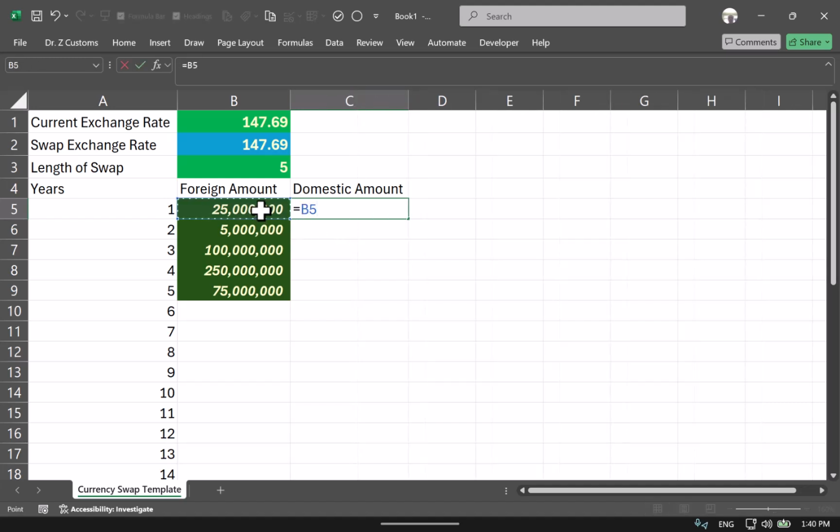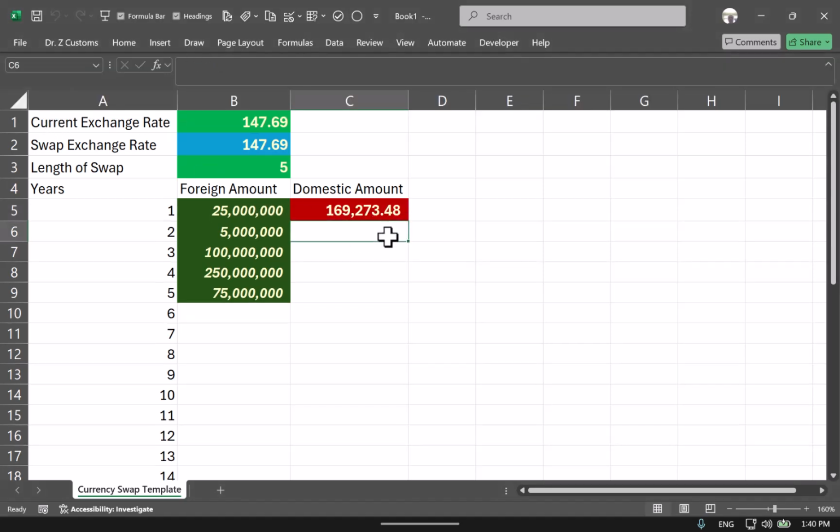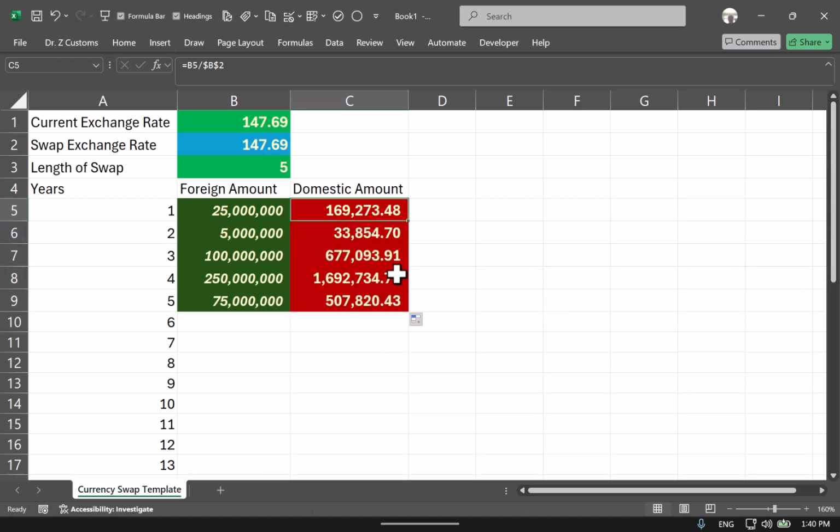Take the foreign amount divided by the swap exchange rates. All right. So if we agree that swap exchange rate is 147.69, those are the dollar amounts you're going to get.